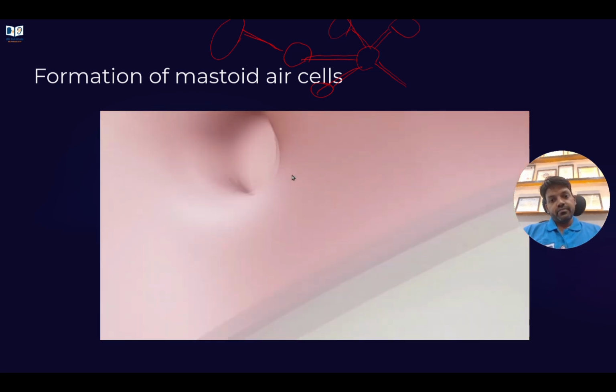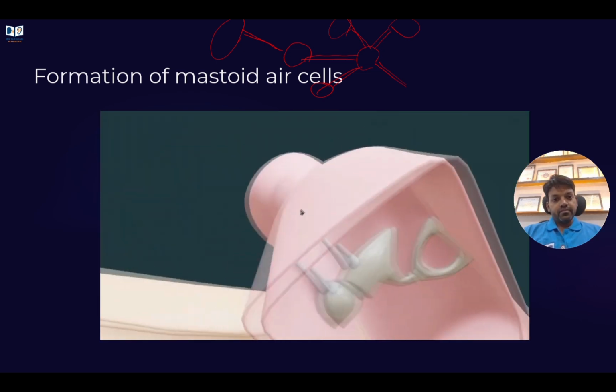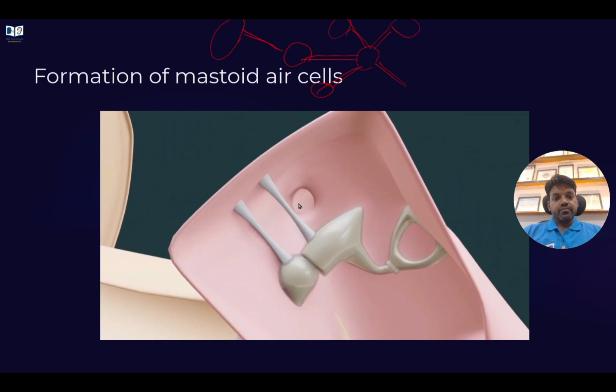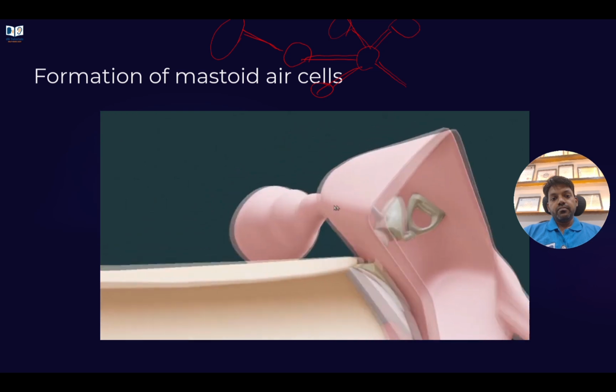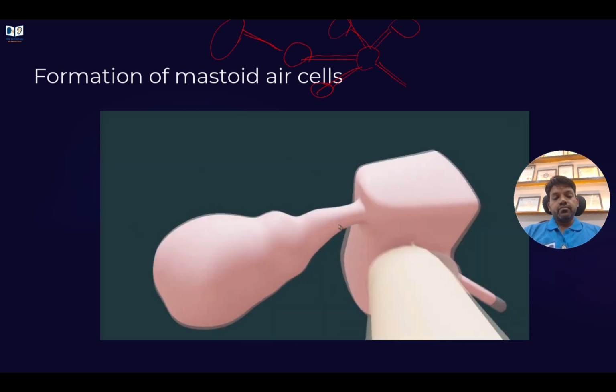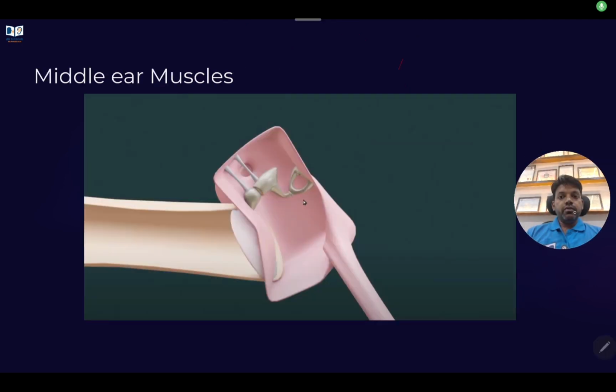And here is this opening called the antrum, the mastoid antrum. It is the opening in the epitympanic recess. So this is one of the anatomical structures, but it is still not very clear what the function of the mastoid air cells is. So now we will see how the middle ear muscles develop.